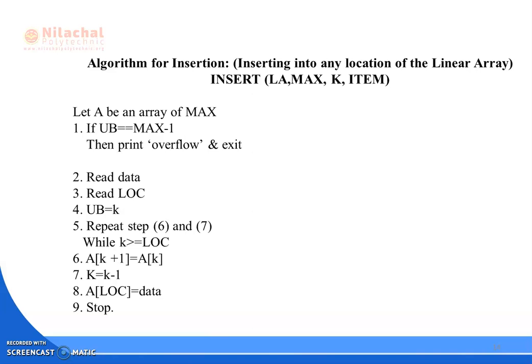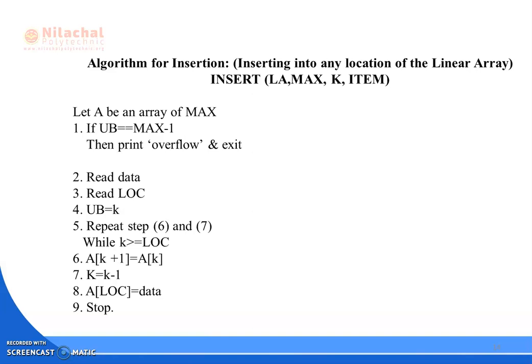At the very first step we will check the condition: upper bound is equal to max minus 1. If it satisfies, then it will print overflow and exit. That is the end of the program. But if it does not satisfy, then we come to step 2. In step 2 we read the data that we want to insert at any location of the linear array.